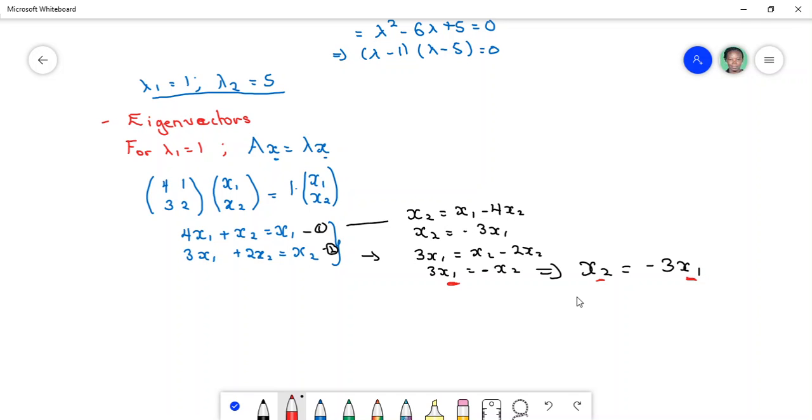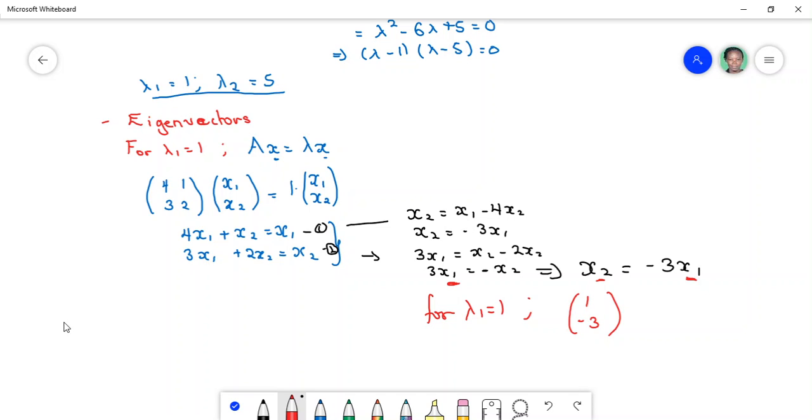Whatever value of X1 I have, say 1, X2 is going to be minus 3 times that. So for lambda 1 equal to 1, we have the eigenvector to be 1 and minus 3.